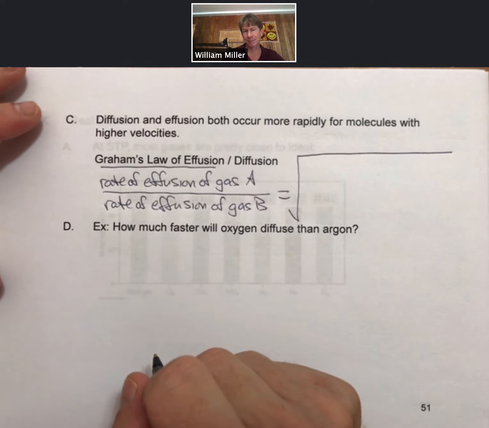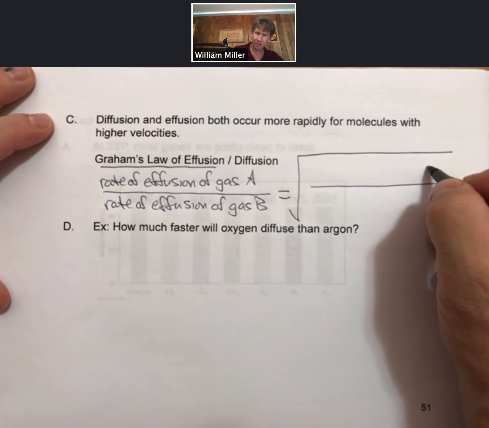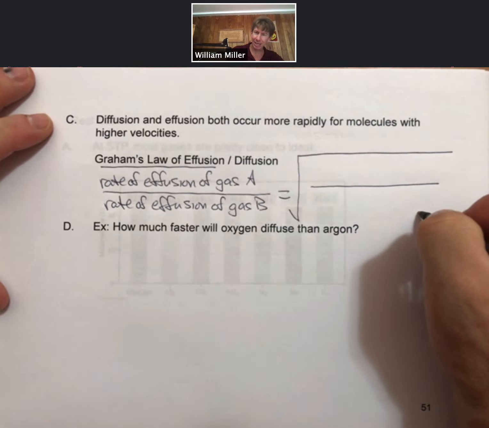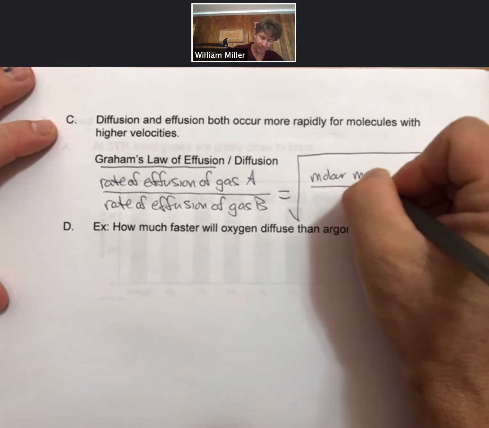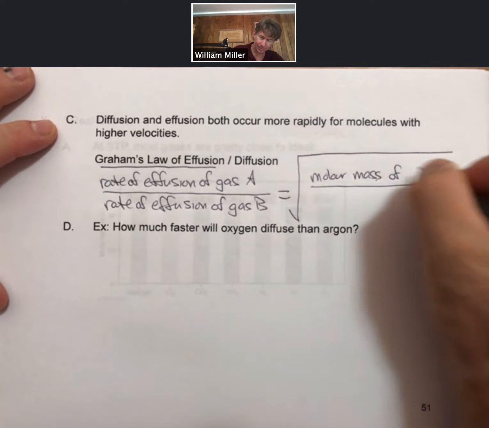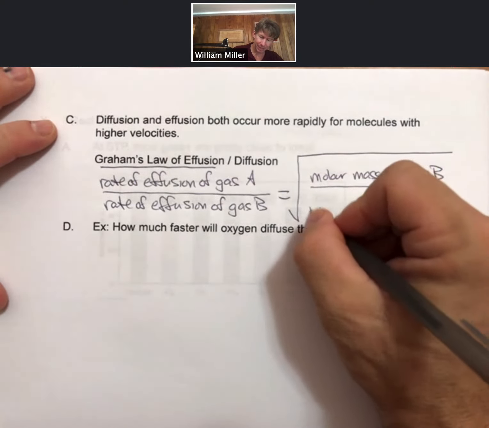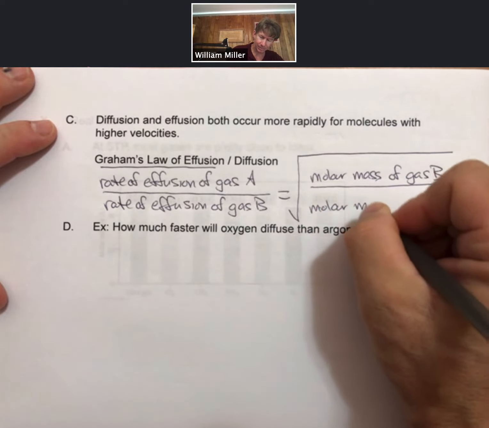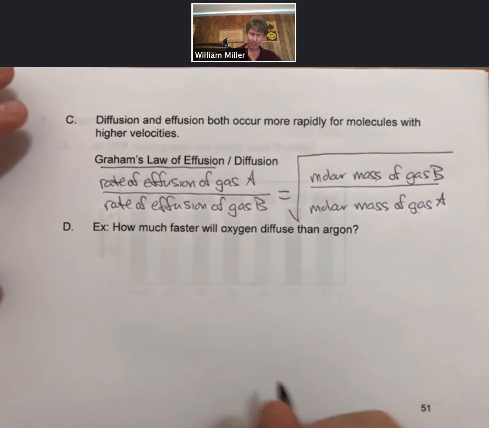So that means that the molar mass of gas B is going to be in the numerator, and the molar mass of gas A is going to be in the denominator. That's right, B on top, A on the bottom.